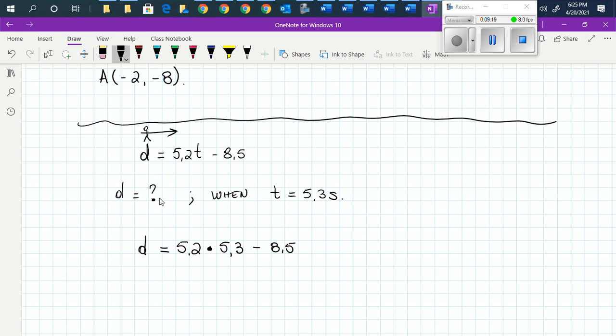And then in your calculator, you evaluate it, and you should have a displacement as positive 19.06 meters. So this is how you calculate the value of y when you know the value of x.